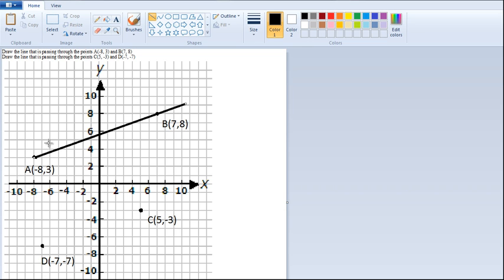and then passing through A. And remember, since it's a line, we have to have the arrows. These are indicating that it is a line. It never ends in this direction or this direction. Same thing here.